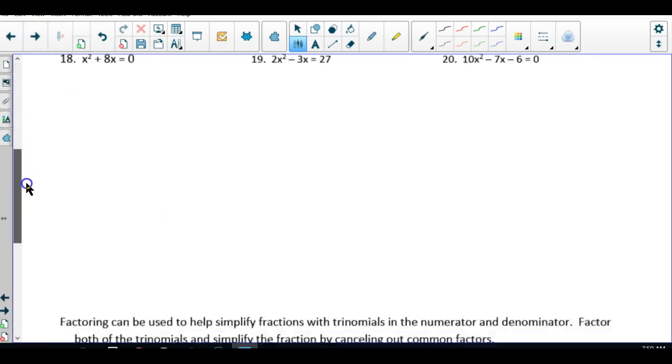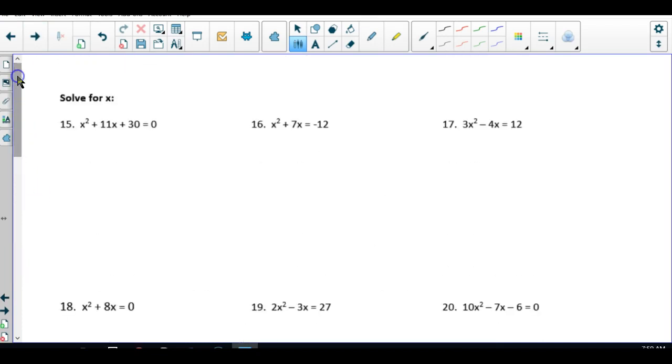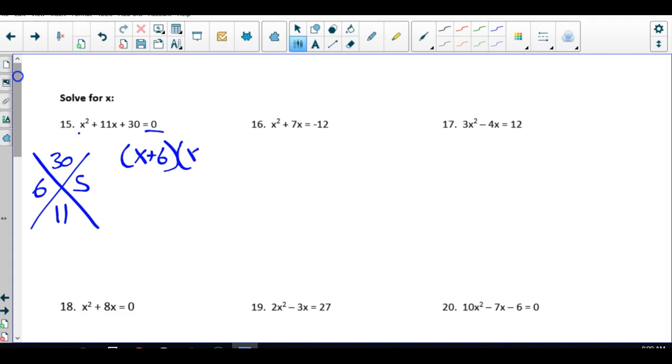Number 15 on the back, we are solving now. What animal was solving? Sheep. So, we took separate notes over solving. Start out by making sure it equals 0, which it does. Once it equals 0, we factor. It's the easy type, so 30 up top, 11 down bottom, 6 times 5 are the side numbers. So, x plus 6 times x plus 5 equals 0.